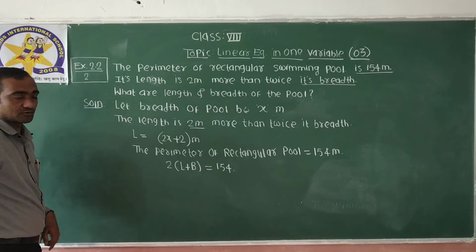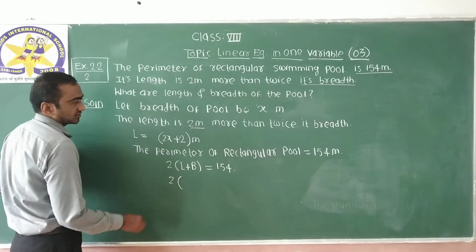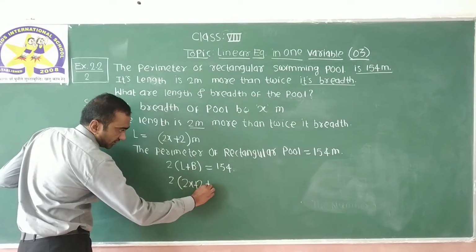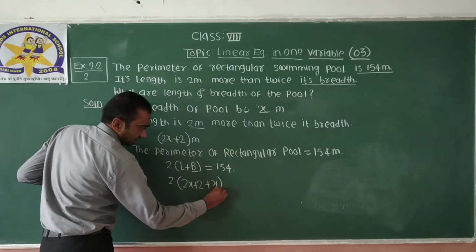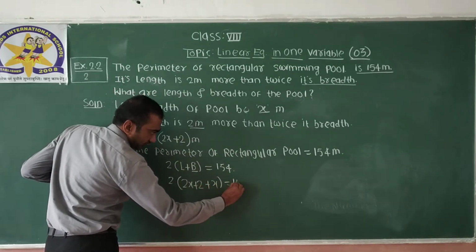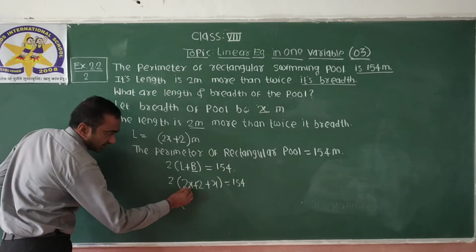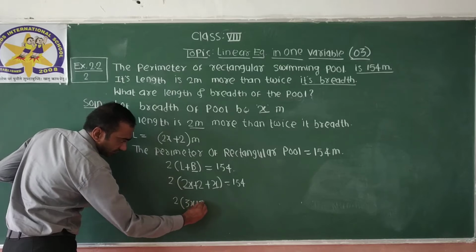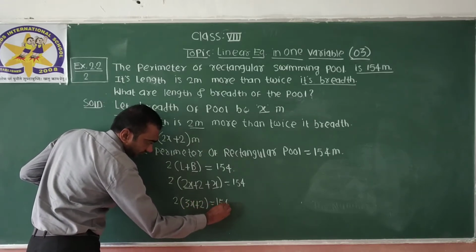Now put the values of length and breadth. 2 multiplied by length, which is 2x plus 2, plus breadth, which is x, equals to 154. Make calculation in bracket. 2x plus x is 3x, plus 2, equals to 154.